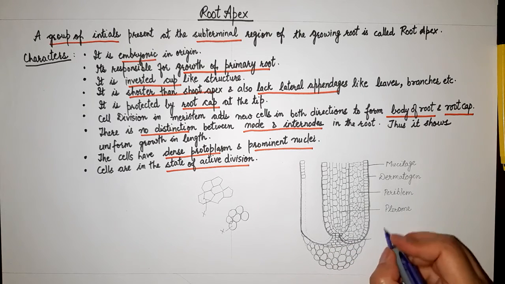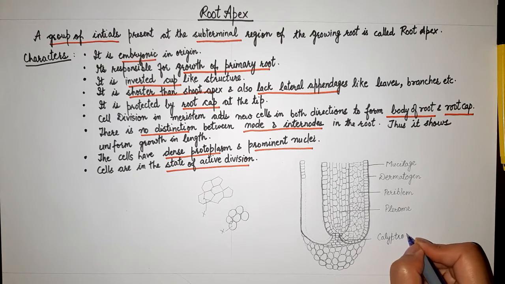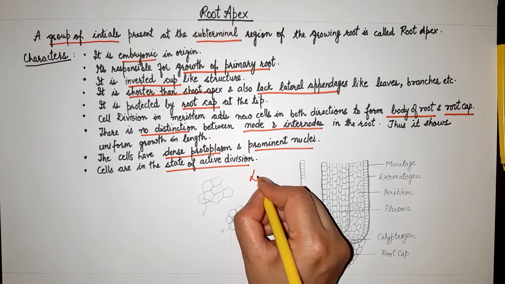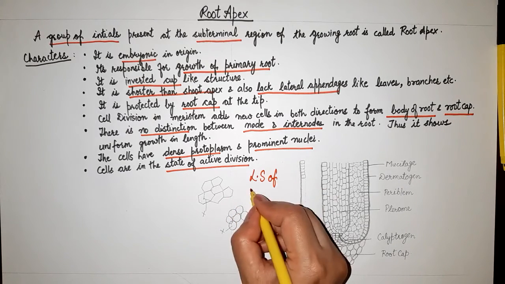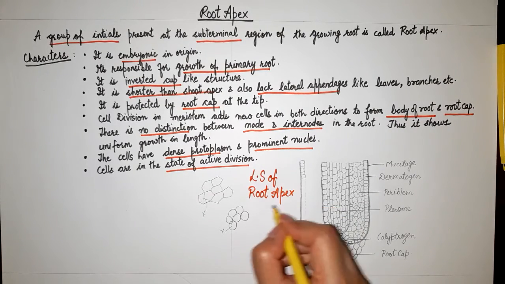Then here we have few layers of calyptrogen, and at the tip there is root cap. Okay, so this is a structure of LS of root apex.